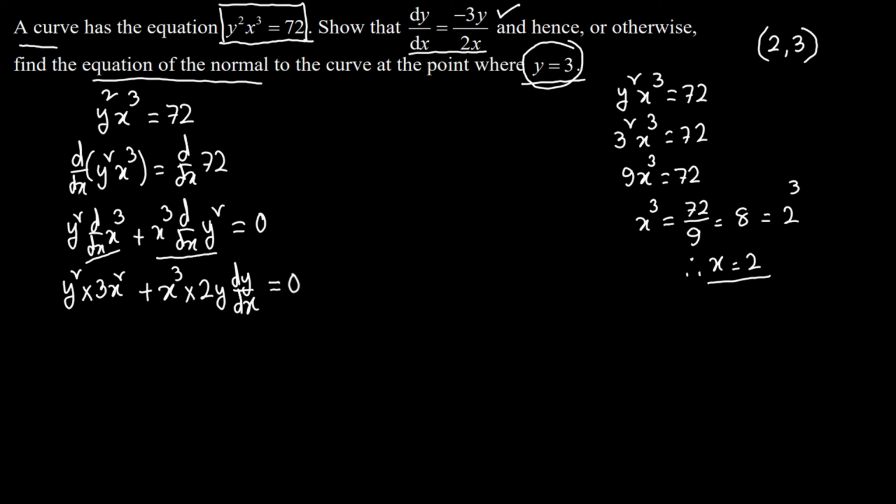That's why we have to write it like this. That part comes from the implicit differentiation: d/dy of y², then we need to write dy/dx. So from the first step we got 2y, and beside it we write dy/dx.